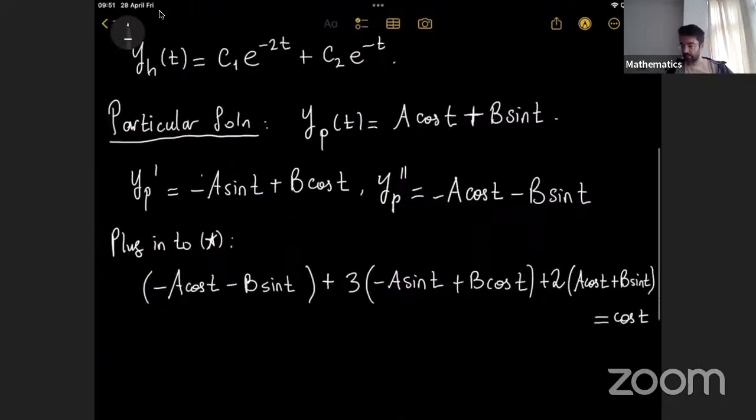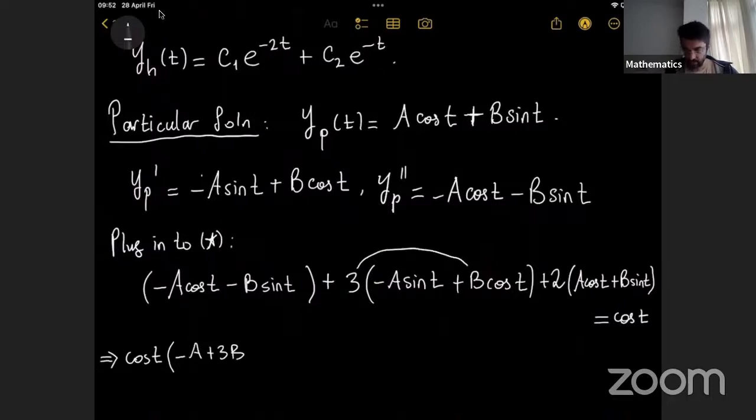So let's see what we get from this. What is the coefficient of cosine t from the left-hand side? We have cosine t times parentheses: minus a plus 3b plus 2a, so it's basically a plus 3b.